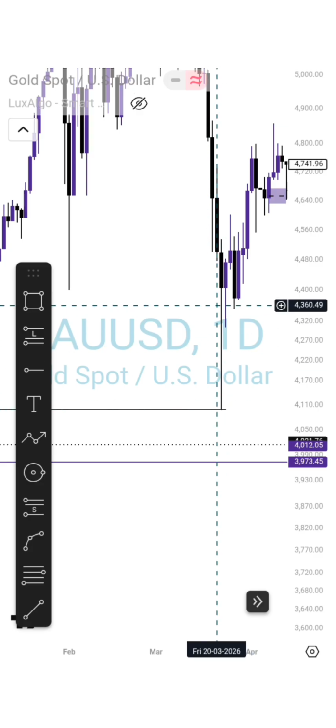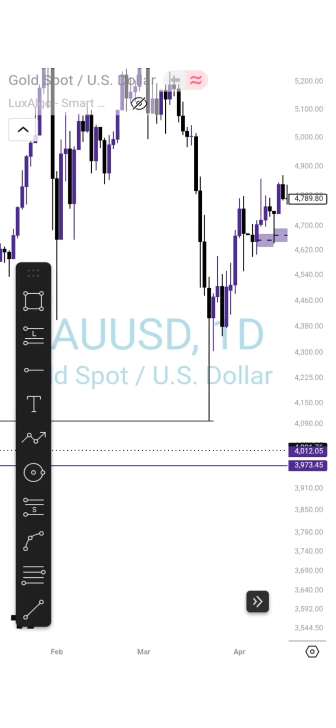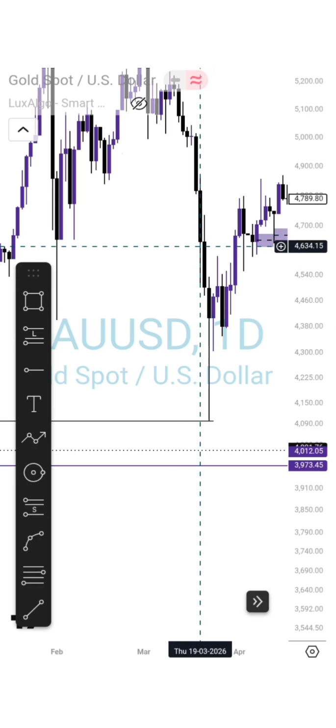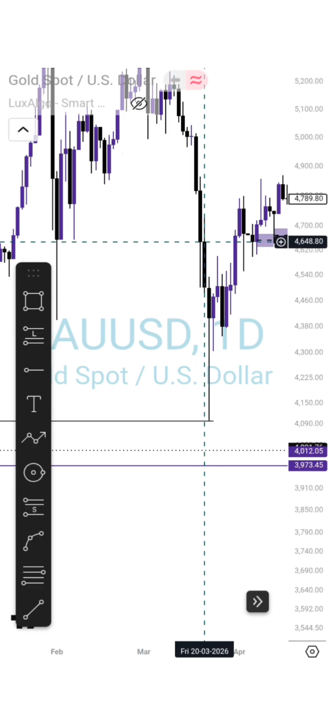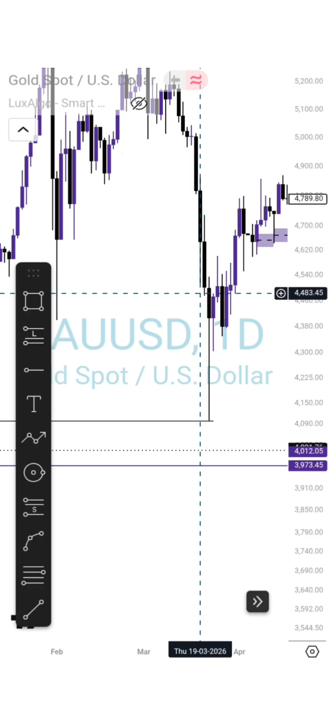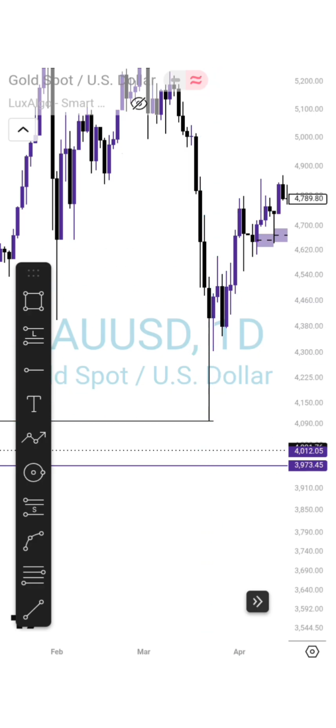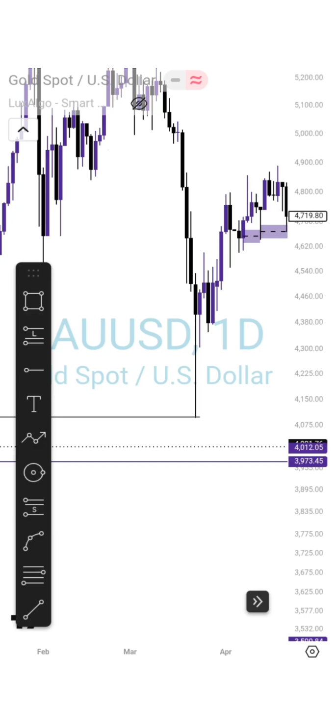Now, for you to know that price has fully changed the reversal, that is, price is not going to continue coming down, because as you can see from this particular candle, price rejected on this day but still fell. So how do you know that price is not going to continue to fall? That's the question.